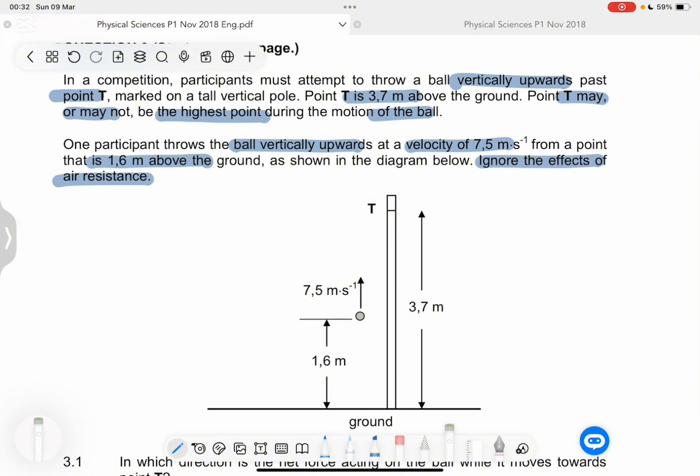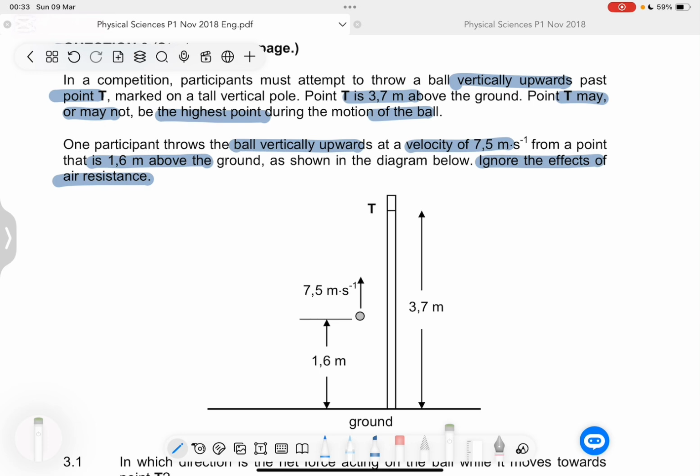Now people will attempt to throw balls so that they either come below, or they come at that height or above that height of T. And I believe that if you get above the height T when you throw the ball, that's when you win in this competition.